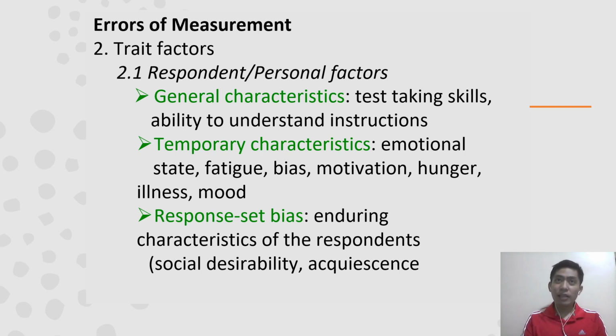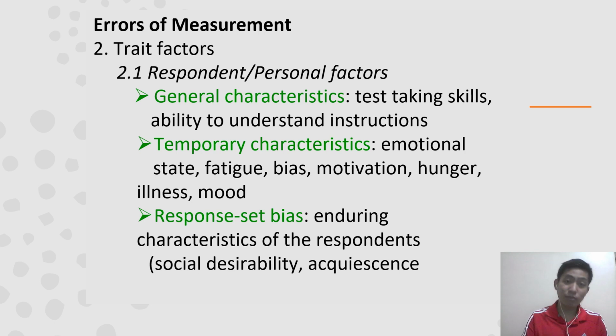If you have chosen a group of indigenous people, you should adapt and make changes, or maybe provide a Tagalog version of your questionnaire, or even translate it into their specific dialect for them to understand the questions more.